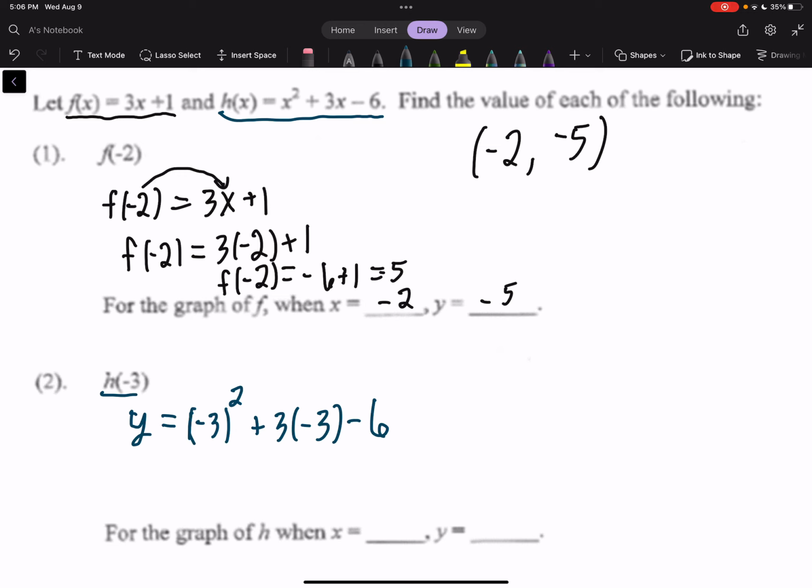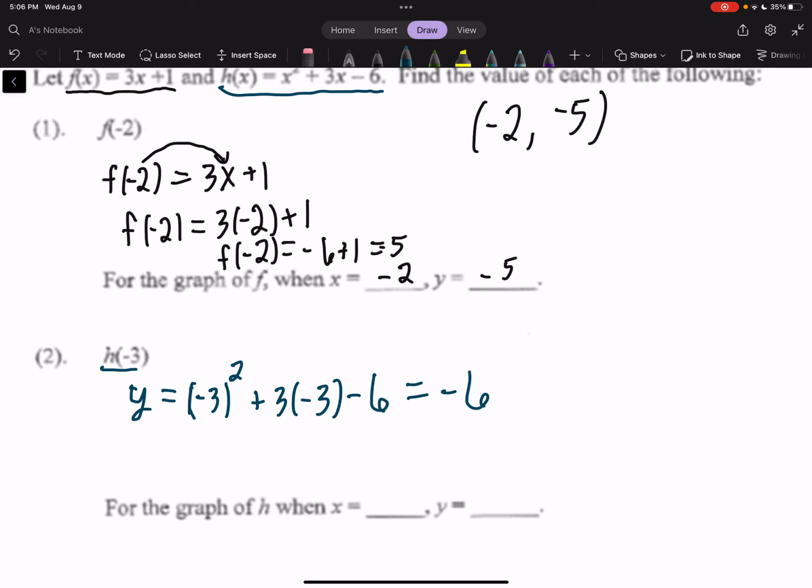Okay? If you do this, negative 3 times negative 3 is 9, plus negative 9 is 0, minus 6, so negative 6. X value, negative 3, y value, negative 6.